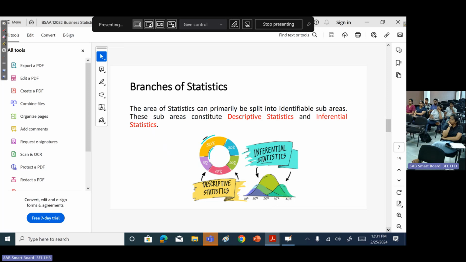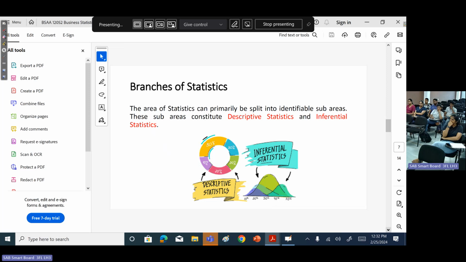Using descriptive statistics, we do not take the decision. We only use different tools and techniques: collecting, organizing, presenting, and analyzing. That is the basic thing included in descriptive statistics.